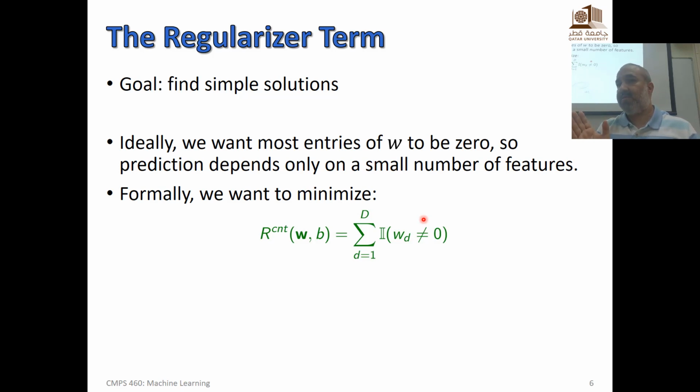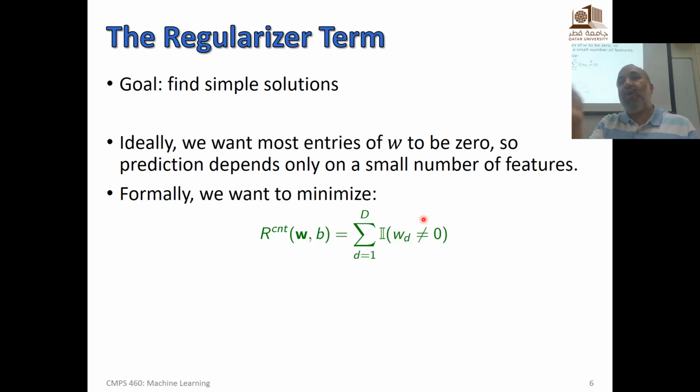We have a linear combination, right? We multiply W1 times X1 plus W2 times X2 plus W3 times X3. If a feature has a weight of 0, that means that it's not considered at all in the predictions. Although we have values, they will be multiplied by 0, so they will not affect predictions at all.